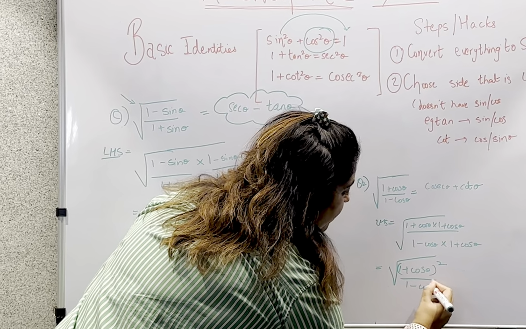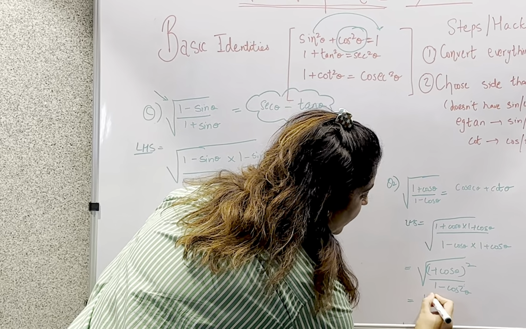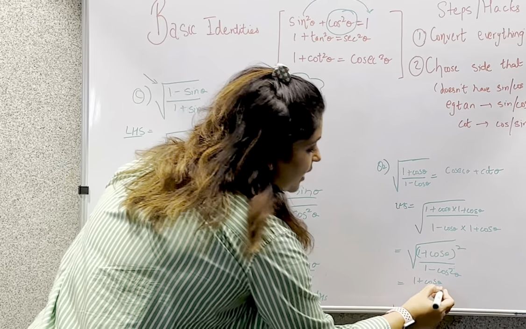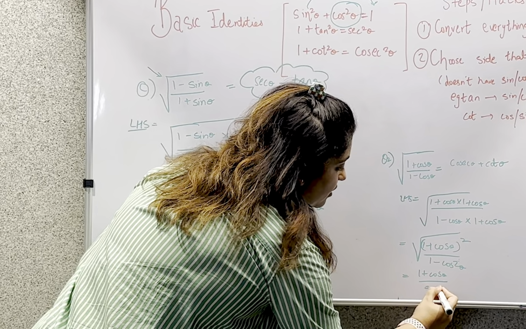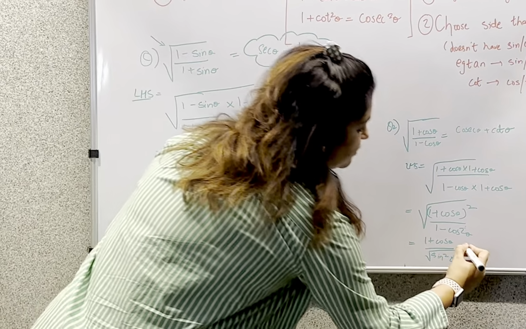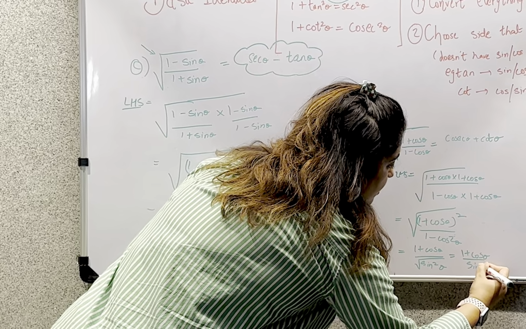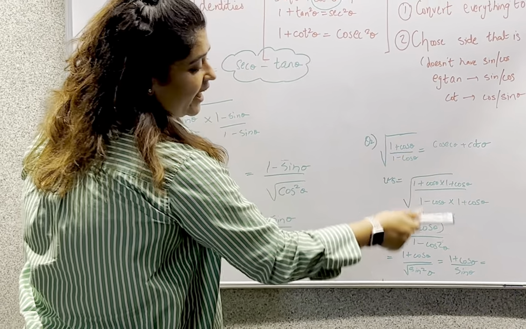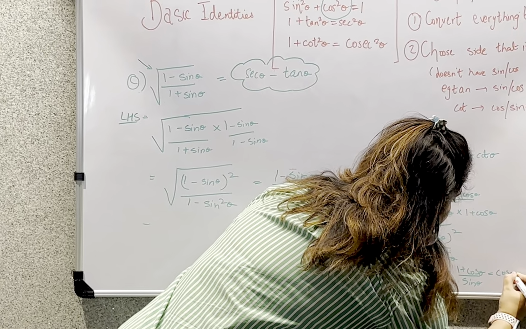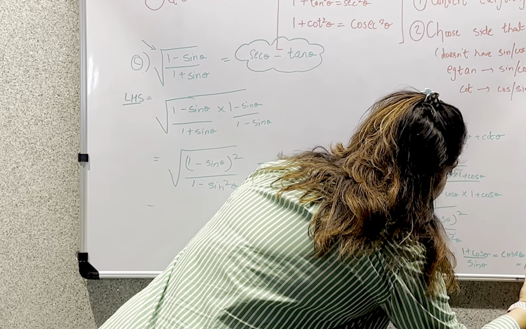In the denominator, a plus b into a minus b, so 1 minus cos square theta. Again 1 plus cos theta, because the square root and the square get cut. And what is 1 minus cos square theta? Sin square theta, and the square root. So we ultimately get 1 plus cos theta by sin theta. 1 by sin theta is cosec and cos by sin is cot, and we are done, which is equal to RHS.